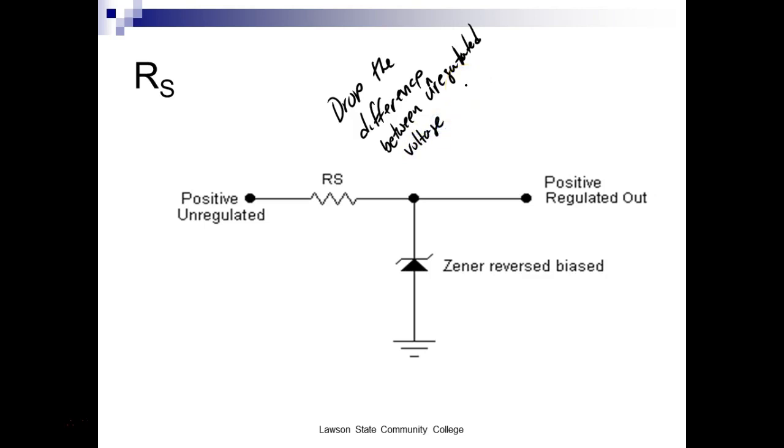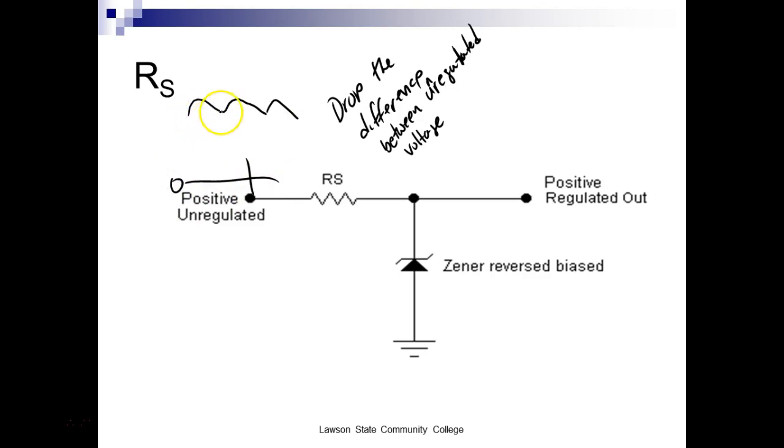That's its function. You always got to have more unregulated than you have regulated, right? You understand? So over here, we got all this garbage going on like this. So if I was to look at this with an oscilloscope, we're going to have this, right? You understand? And this is going to be riding above 0.